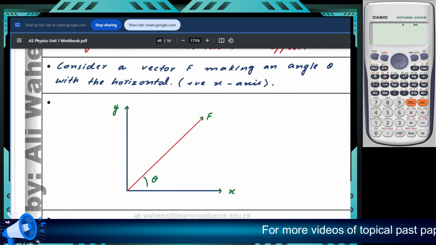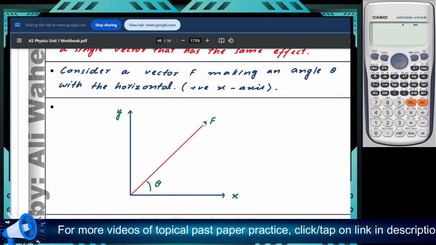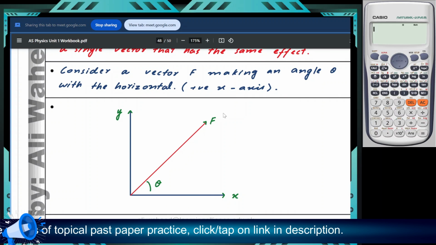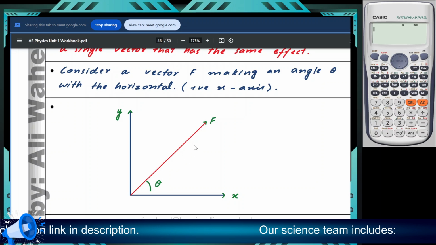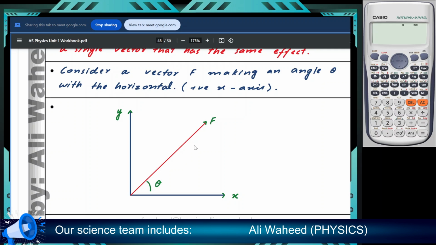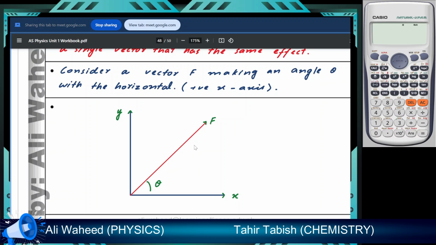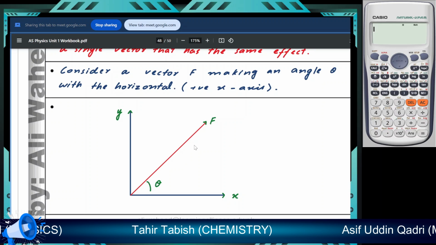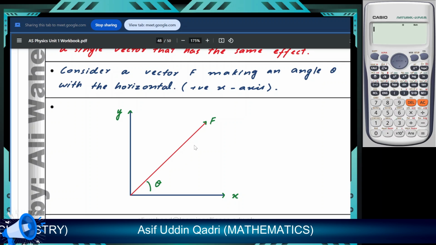Example. Forget about the axes, just take a look at the red vector, which is a vector of force. And it's making an angle theta with the x-axis, with the horizontal. Now the question could be, how much of the force, or how much of the effect of the force, would be towards the x-axis, and how much of the effect of this force would be towards the y-axis?